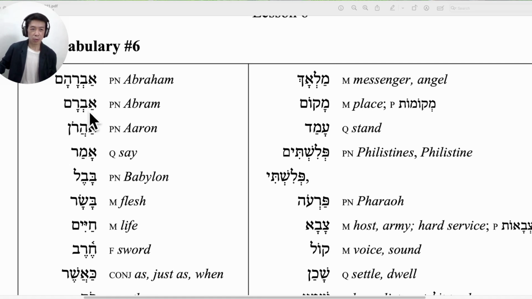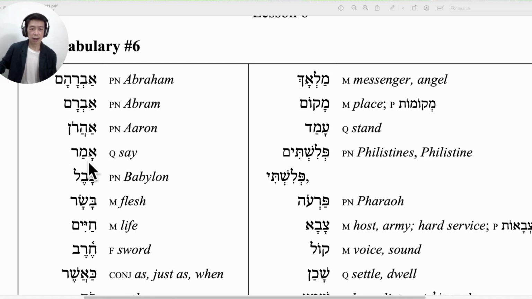The second word is Avram, meaning Abraham. The next word is Aharon, Aaron.